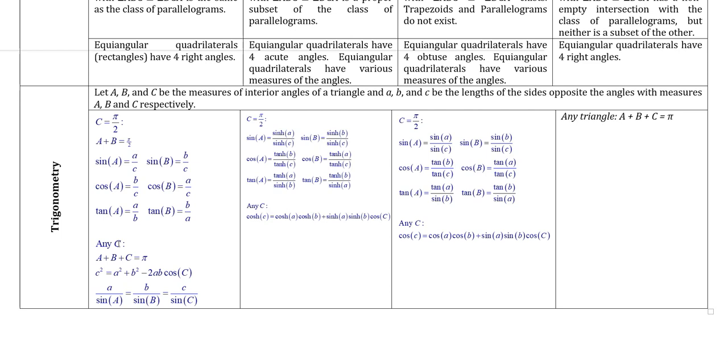For any C, we can extend this. We have the angle sum theorem: A plus B plus C, the measures of the angles, add up to pi radians or 180 degrees.